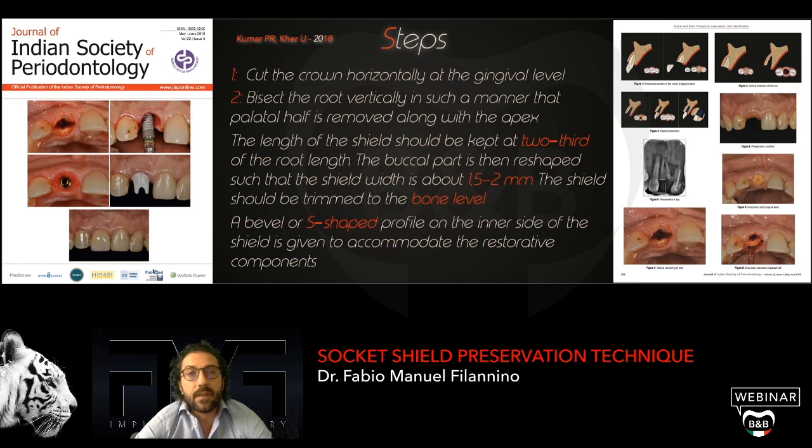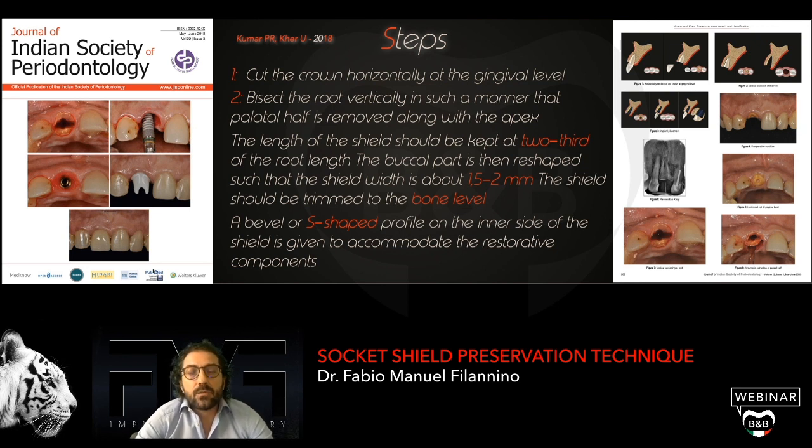And it is very important to study and look at the CBCT to understand how we can direct the first drills to reach the apex and not damage the buccal plate, but still be sure to clean the apical area of the socket very well.